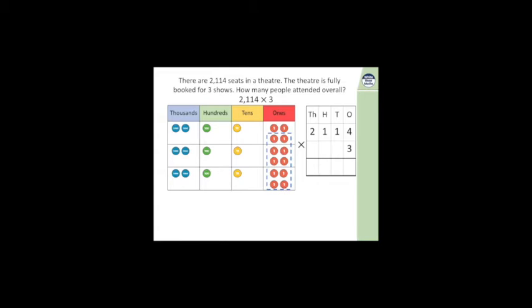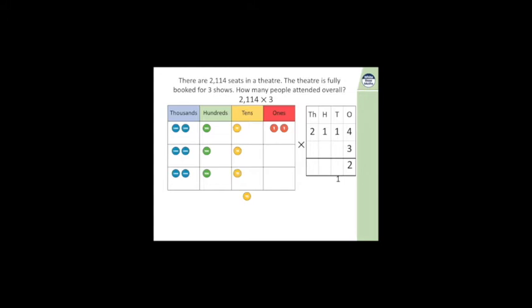This of course makes 12. We can exchange here, exchange 10 of those 1s for 1 of those 10s. The 1 that we've just exchanged goes underneath, and the 2 that we're left with goes in the 1s column. So we put the 2 down and carry the 1, as we say.